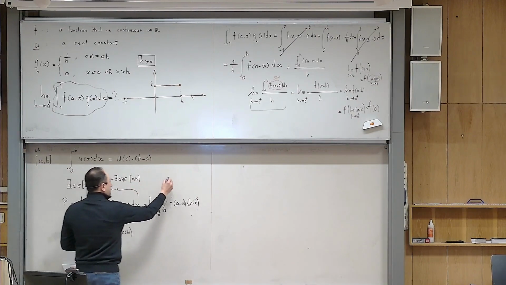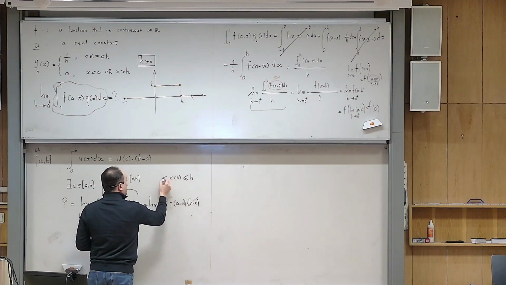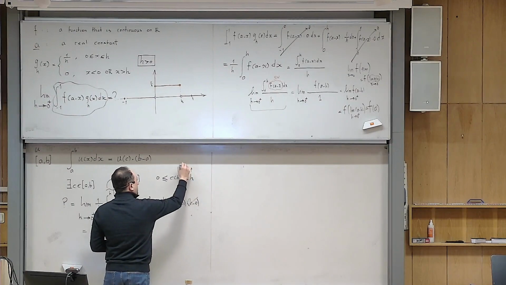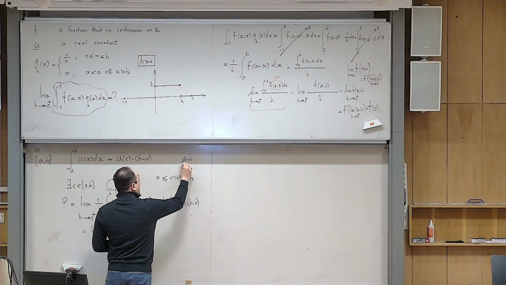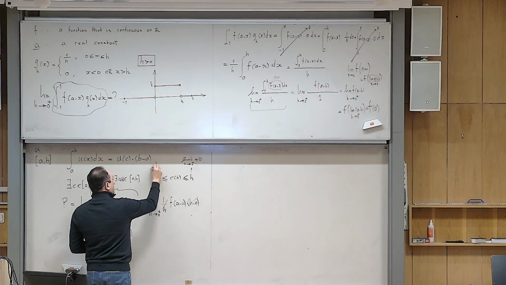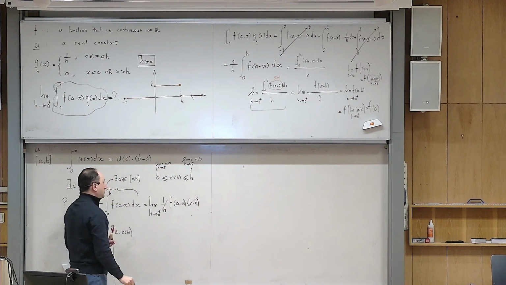Here, you have c of h, which is a function of h, between 0 and h. If I take the limit of this one, when h goes to 0 from the right, the answer becomes 0. If I take the limit of this one, it is just a constant, so its limit becomes 0 again.